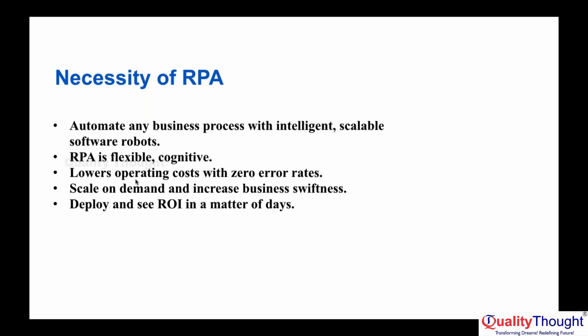So if you want to overcome that, you replace that human effort or human crowd with these robots, which work with very low operating costs, because the only cost you incur is for building the robots, but not for maintenance. Once you build your robot and deploy it on any machine, it is almost zero maintenance unless you have any change of the process or any change request that is required to your original code.